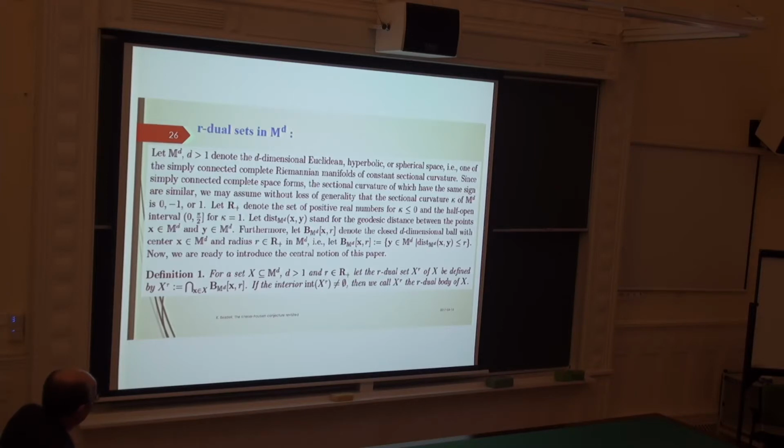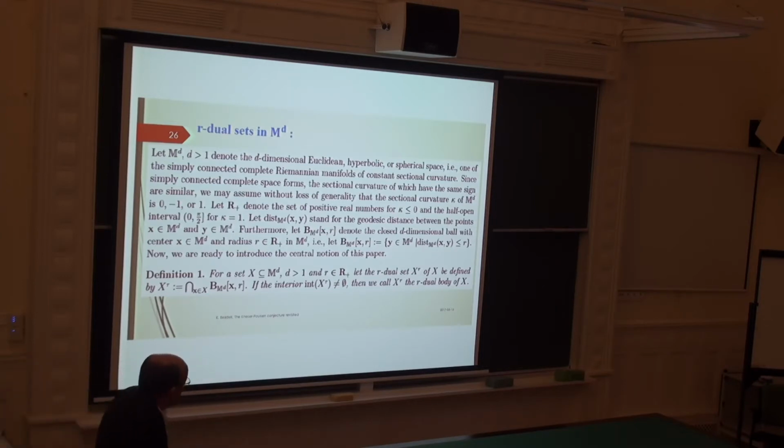And then if I take a set X, I introduce the r-dual of the set X as the intersection of balls centered at the points of X having radius r. So the procedure is very simple. Small r is given, capital X is given, and we take this set X^r and call it the r-dual of X, and this is the intersection of balls of radius r centered at X.